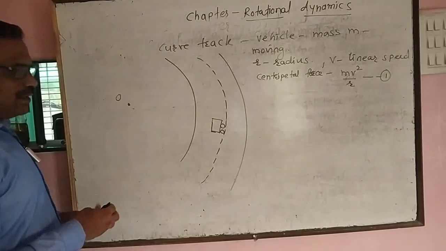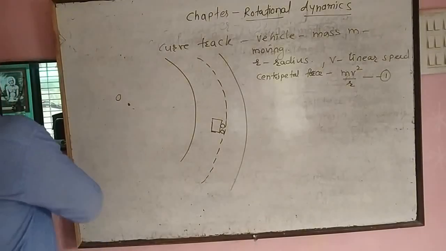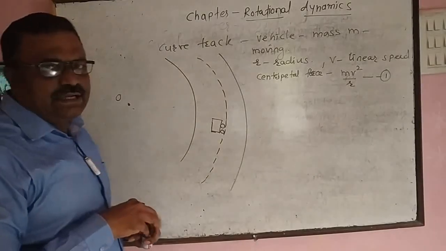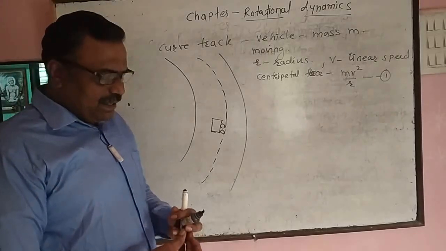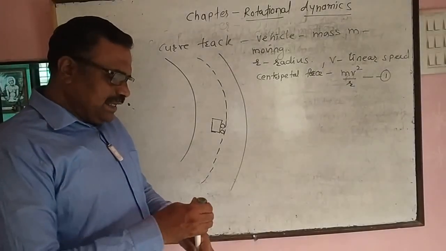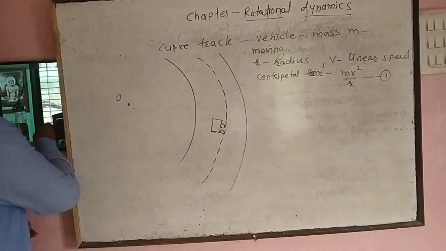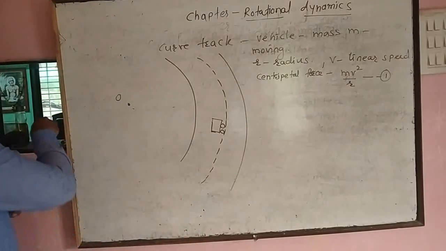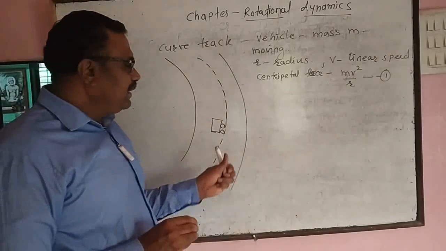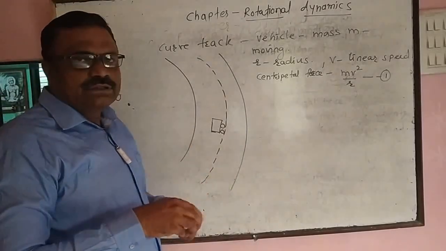Now in this example, this centripetal force is provided by the force of friction that exists between the vehicle tire and road surface.